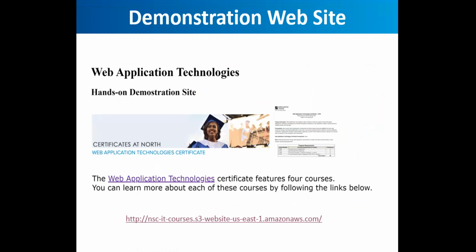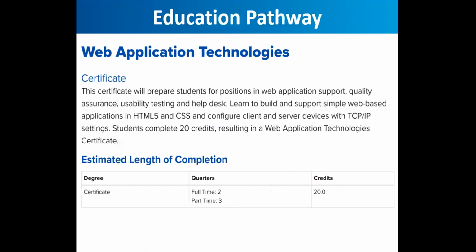Right, so here's a link to our program, North Seattle College website. If you're going through my demonstration website, we've got a hot link on that demo website, so you can click out to the school site and read more about the certificate program. Like I said, web application technologies is 4 classes, a grand total of 20 credits.